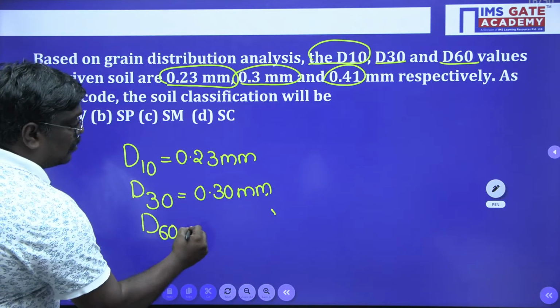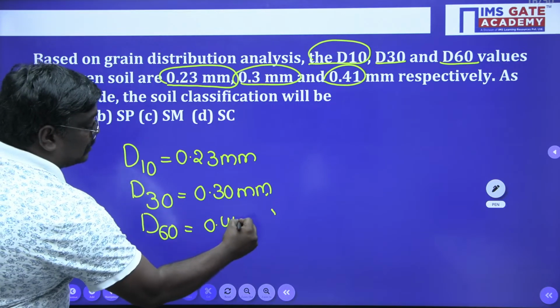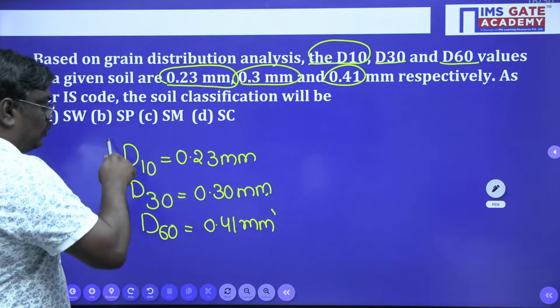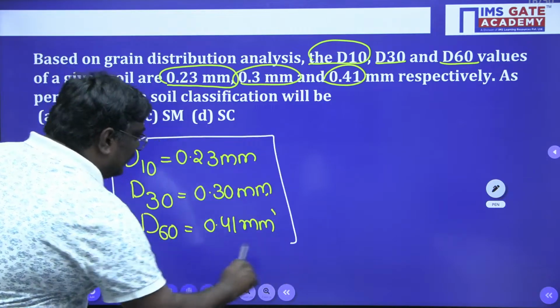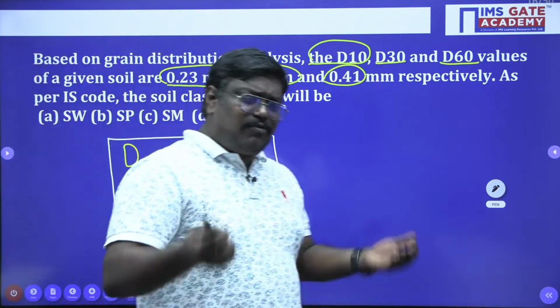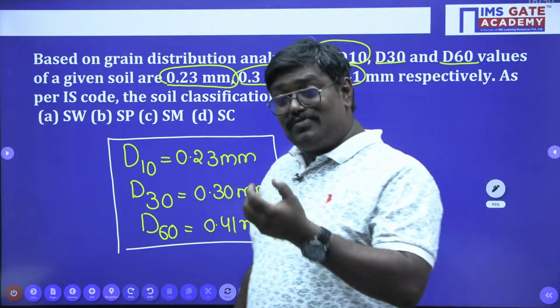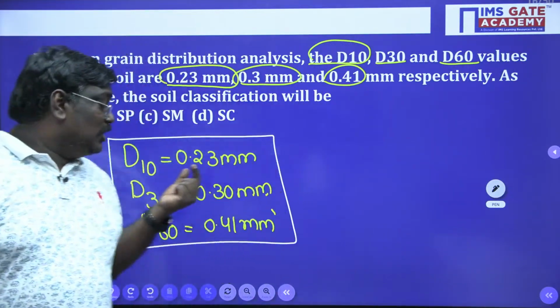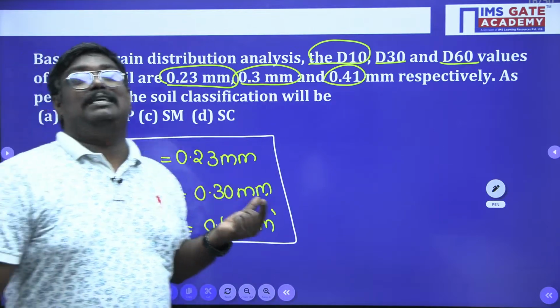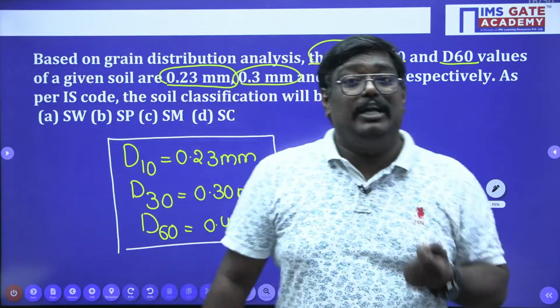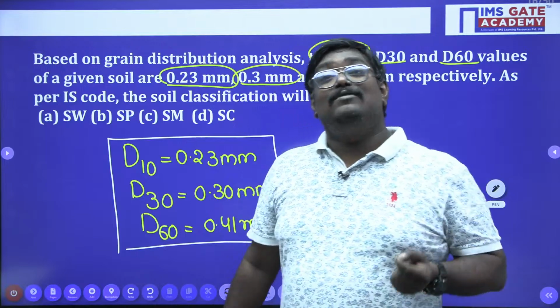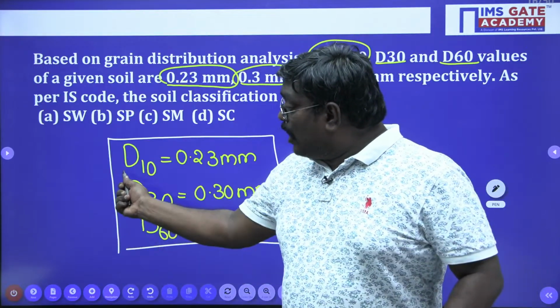D60 is 0.41 mm. When you talk about D10, D30, D60, first of all, tell me what is D10, my dear students. When you are writing some coefficient, you should understand what actually it means. D10 is nothing but the sieve size. Srujana, are you there? What does D mean?